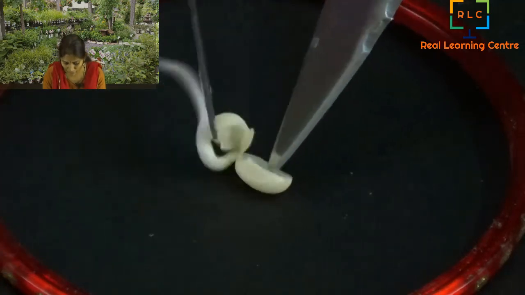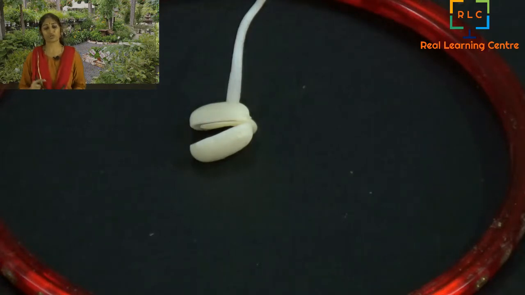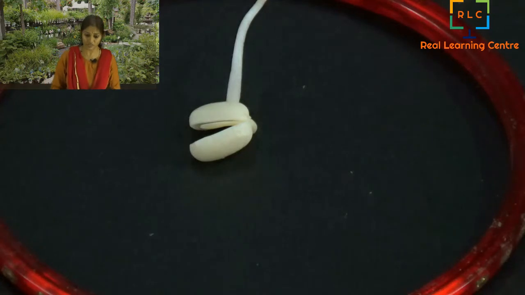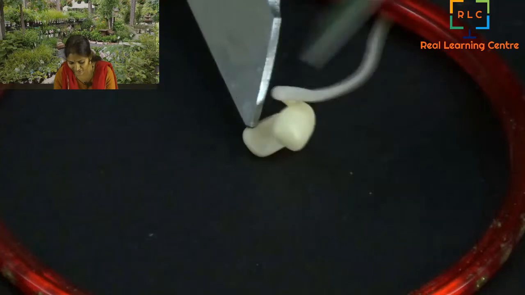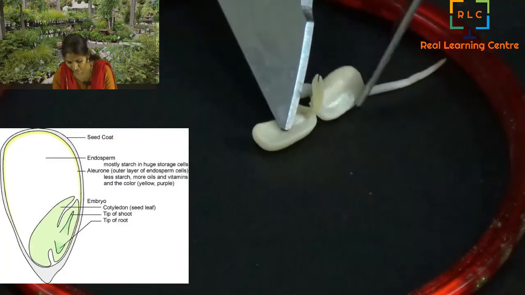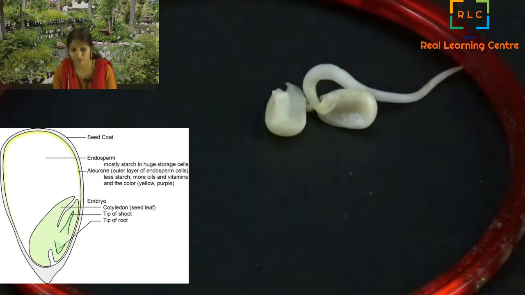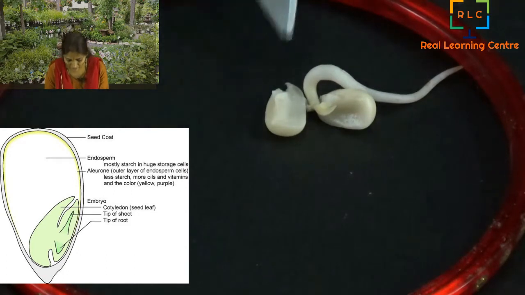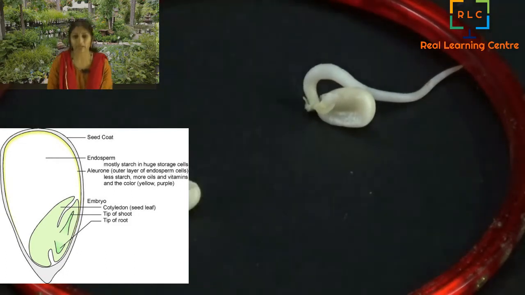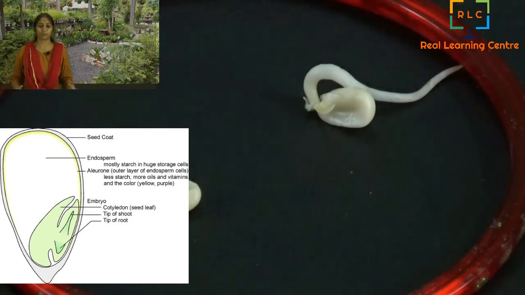Now, this embryo of the plant is so important because the embryo is going to give rise to a new plant. So, what is this white region here? This region is our endosperm. Endosperm generally is rich in proteins.